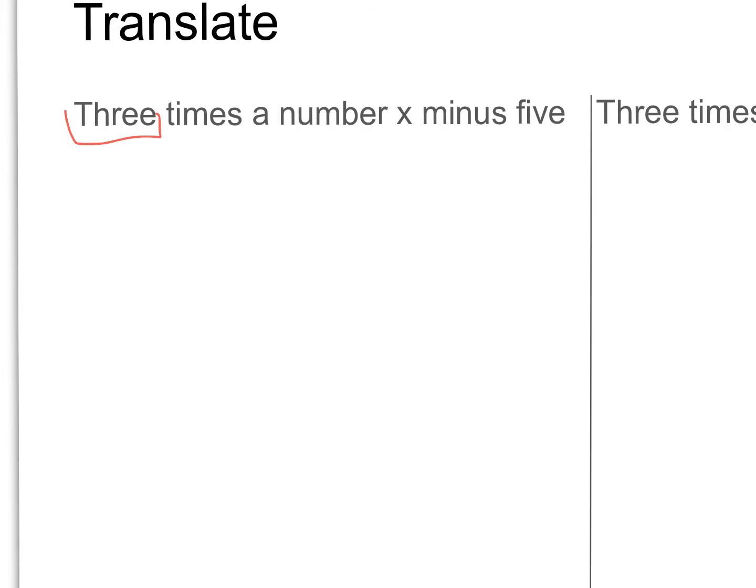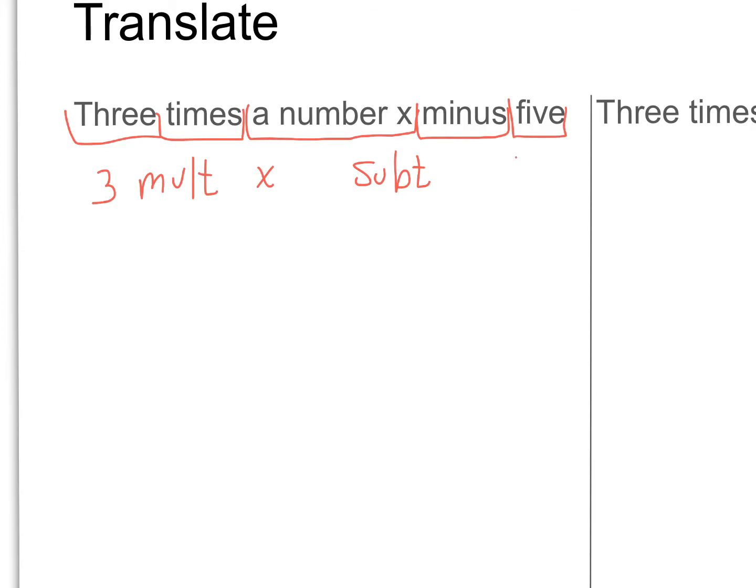How do I represent 3 in math? Is with a 3. Times is multiplication. A number x. Minus, so subtraction. And 5 is 5.